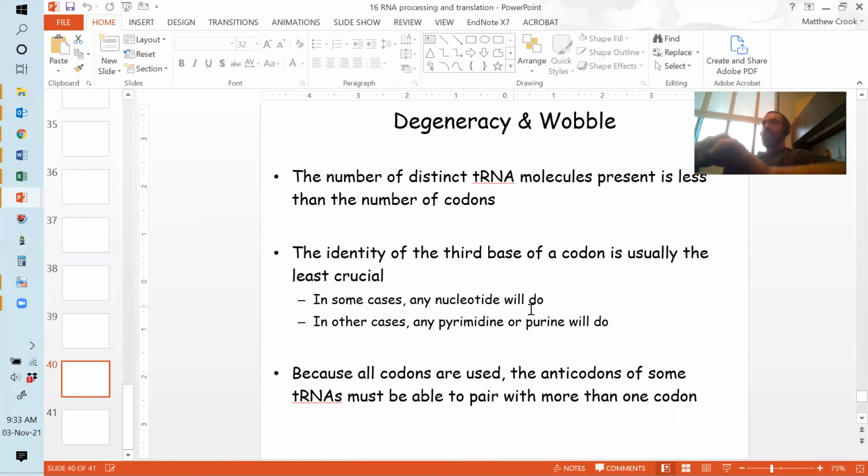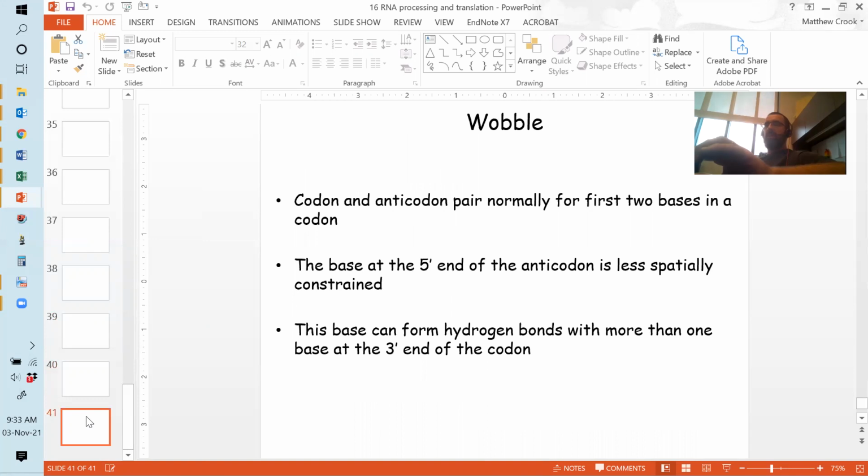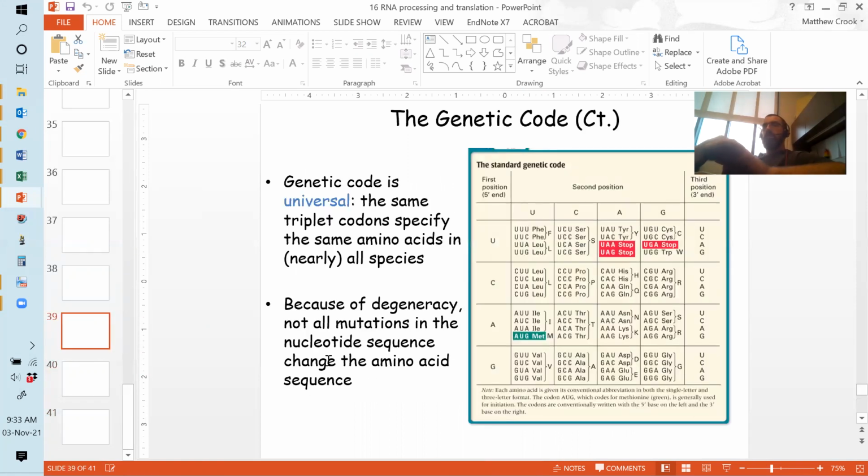The third base of the codon is less important, because the third base pair in the codon makes a less important contribution towards that tRNA coming in properly. That's called wobble. So we have a degree of degeneracy.